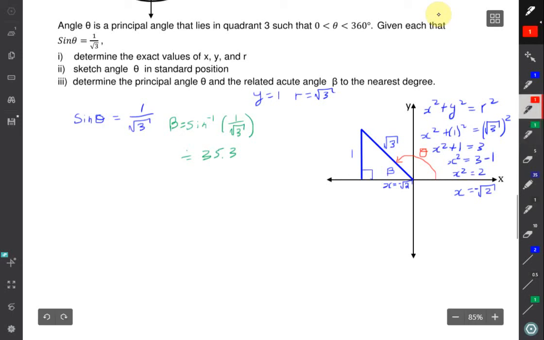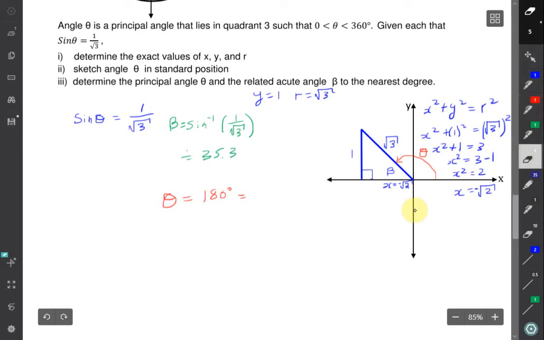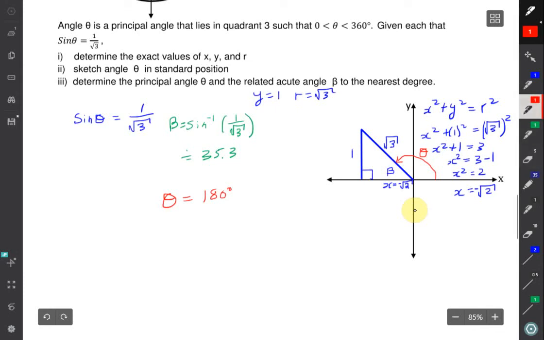Now what I need to do is calculate theta. So theta is equal to 180 degrees subtract beta. If I take 180 degrees and go back beta, I'm back at this terminal arm. So theta is equal to 180 degrees minus 35.3 degrees.